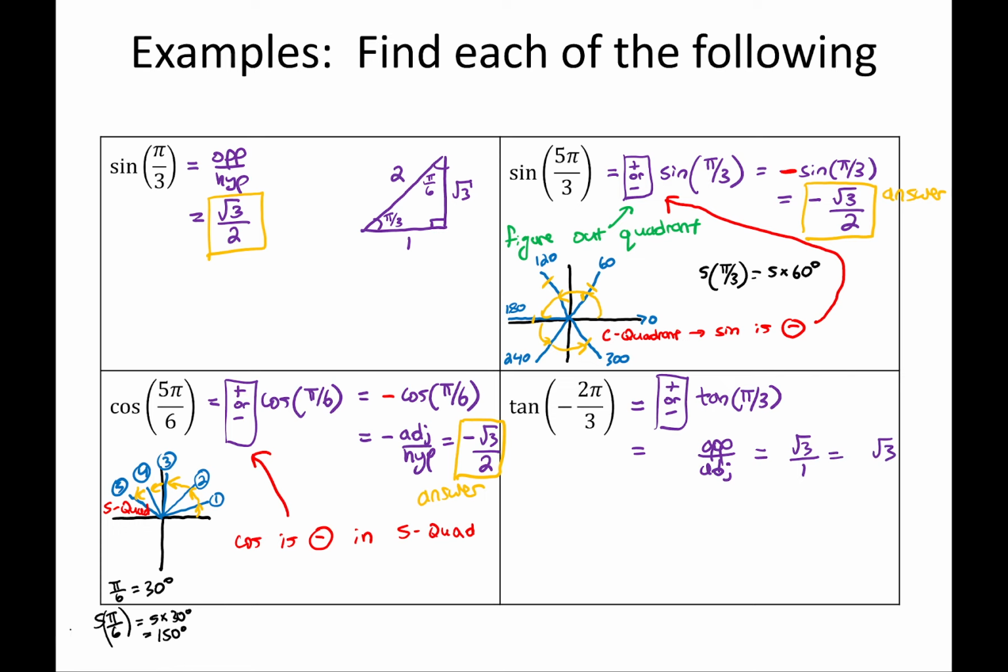We had to figure out what quadrant we're in. So here's the twist. A negative angle. First, positive angles go counterclockwise.